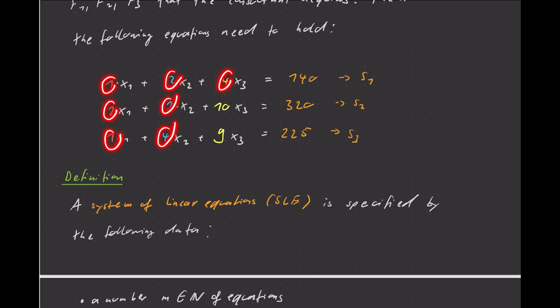So those coefficients, those make up the equations. So for each row, each equation, and for each column variable, we need one coefficient.